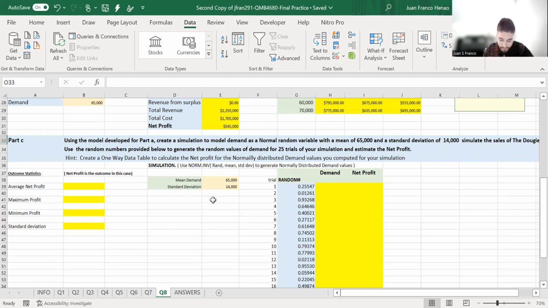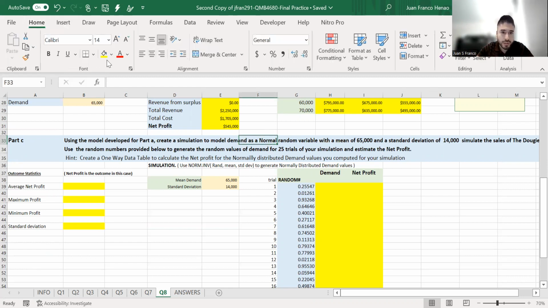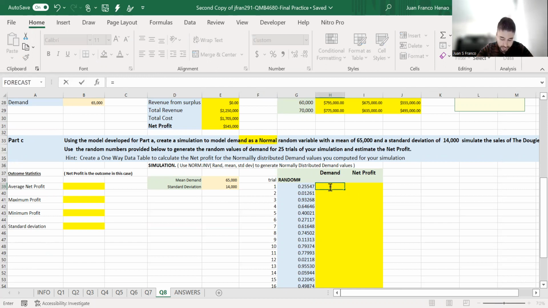Okay. So let me look at the formula for this. This is the normal distribution. Okay, this part is important. So the demand, the outcome, is equals NORM.INV, or inverse.